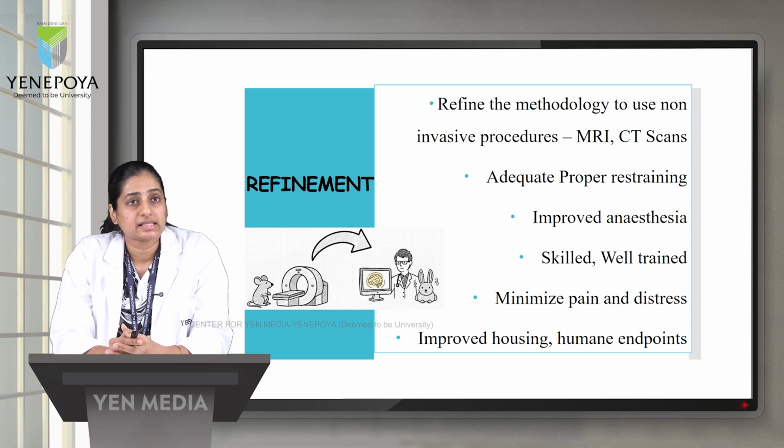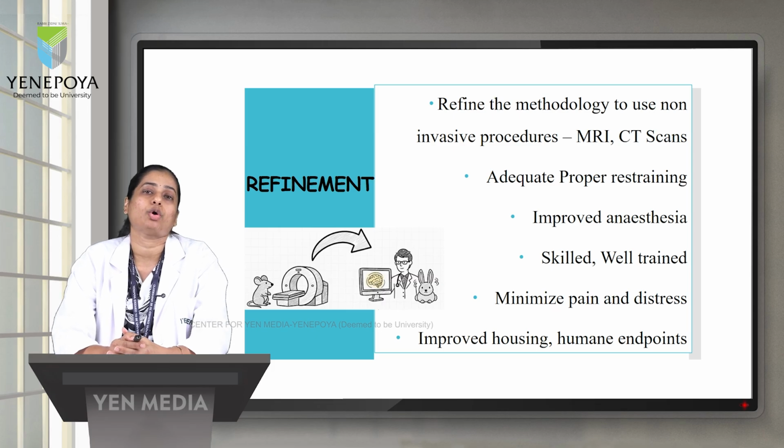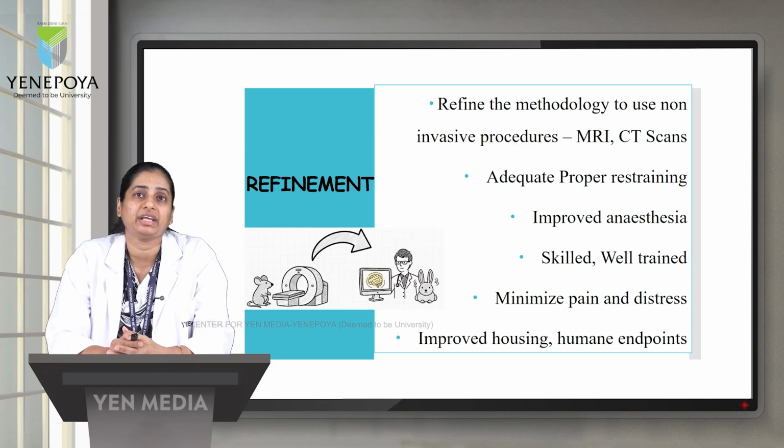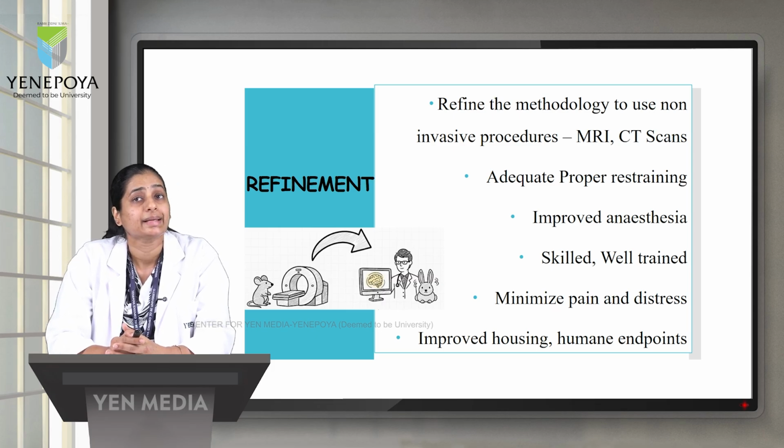The second principle is refinement. The second R is refinement. Whether the methodology is refined to use non-invasive procedures like MRI, CT scans, etc. Whether a proper restraining method to minimize pain before performing any procedure is properly explained and mentioned in the methodology.